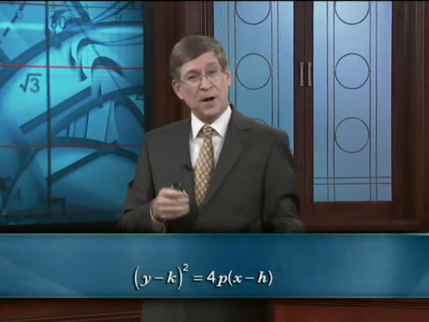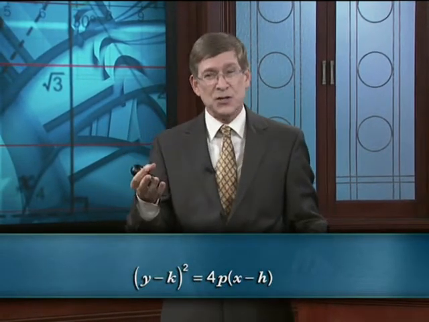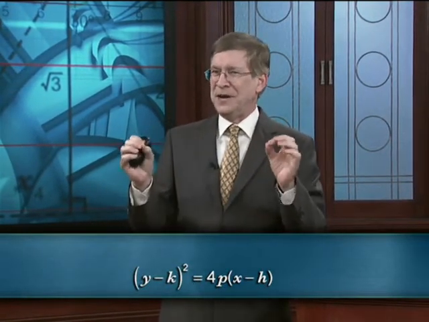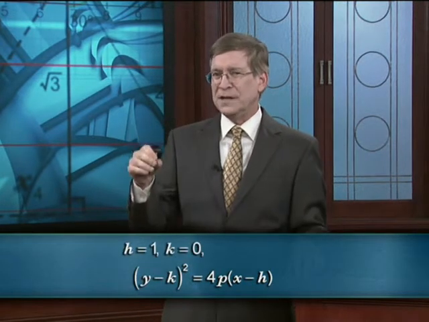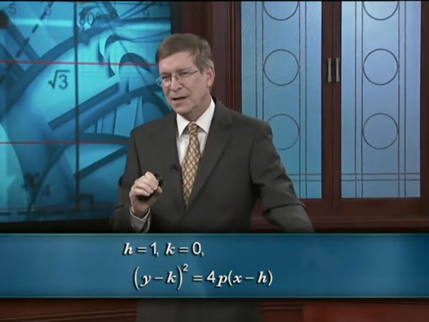Let's do it. Okay, what do we have? Because this is going to be opening to the right, we're going to use that second formula, (y minus k) squared equals 4p times (x minus h). What's the center (h, k)? h is 1 and k is 0. So we know some of the characters in that equation. What about p?